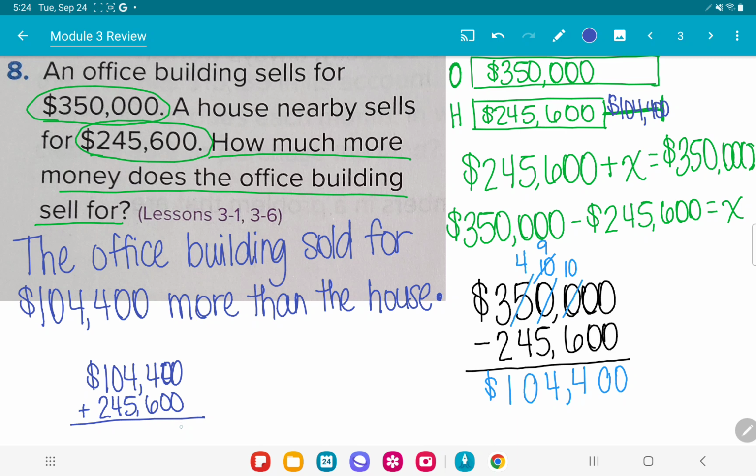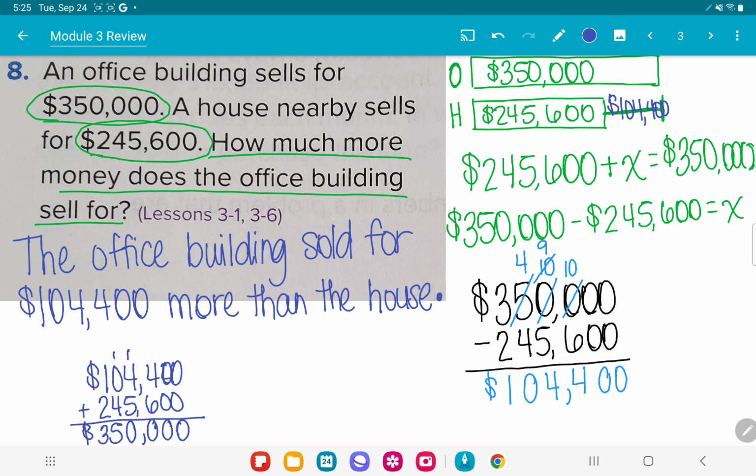If I add those together, I get 0 ones, 0 tens, 10 hundreds, so I'm going to regroup. 1 plus 4 makes 5, and another 5 is 10. I'm regrouping again. 1 plus 0 plus 4 is 5, and 1 plus 2 is 3. So we can see we get to the total amount that it costs for the office building of $350,000. So our answer is correct.